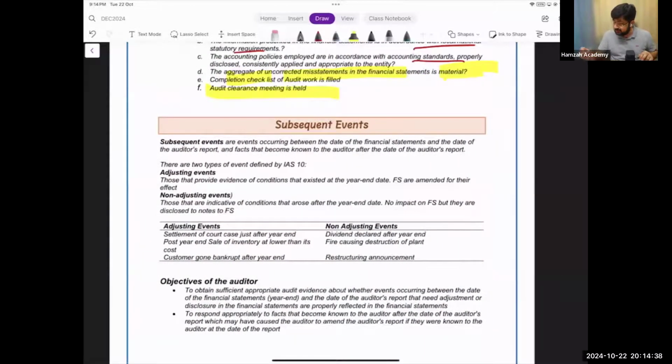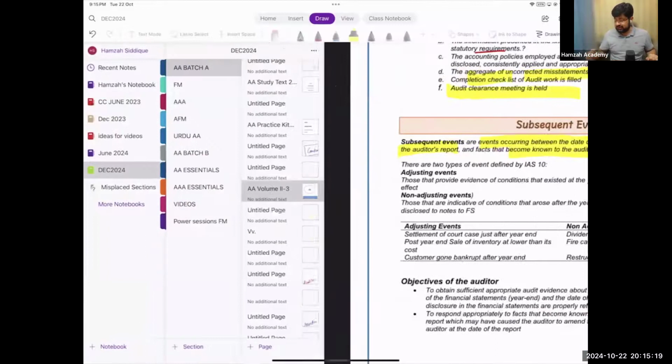So the events occurring between the date of financial statements, the date of financial statements being the year end date, and the date of the auditor's report, and then the facts which come to the knowledge of the auditor after the date of the audit report, they are collectively called subsequent events. So I have identified it for you on the timeline now. I hope this definition is clear.